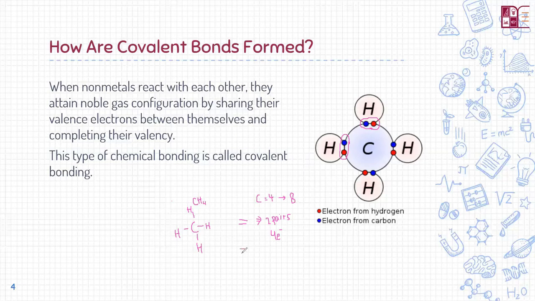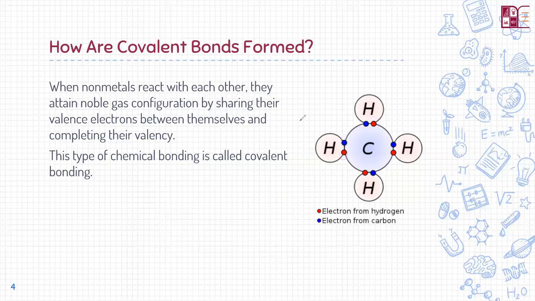And if there are three straight lines, these will represent that three pairs, or six electrons, have been shared. So this is the basic concept of covalent bonding.